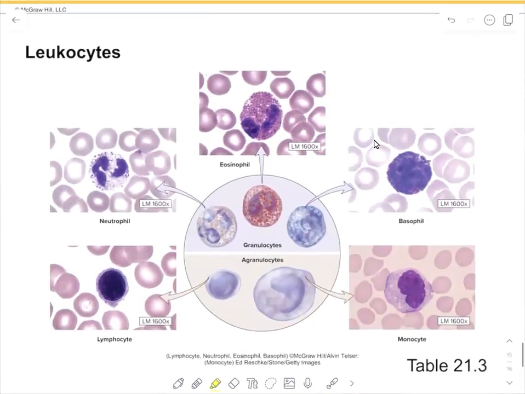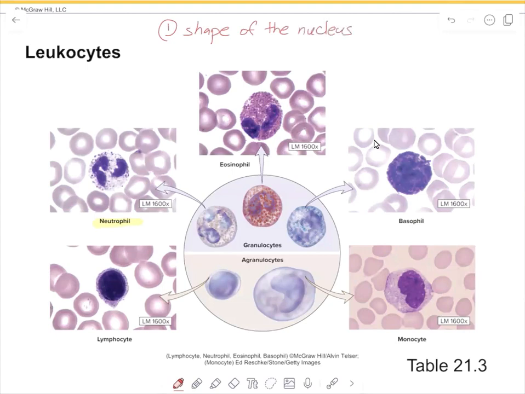So this slide is showing the micrographs of all 5 different types of leukocytes. So let's first start with our granulocytes. And the most common type of leukocyte is a neutrophil. When you identify neutrophils, you want to pay attention to 2 things. You want to pay attention to the shape of the nucleus.